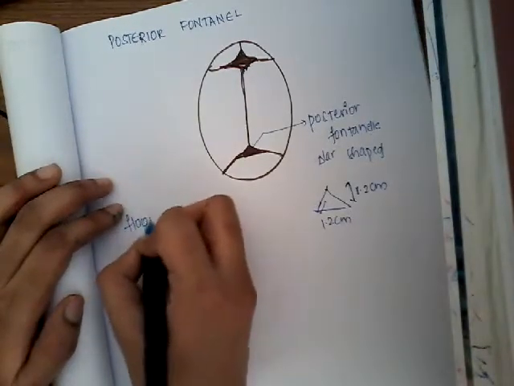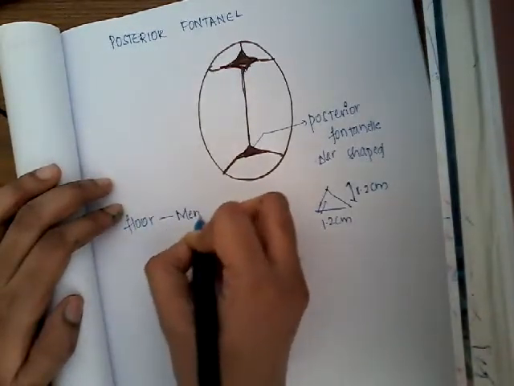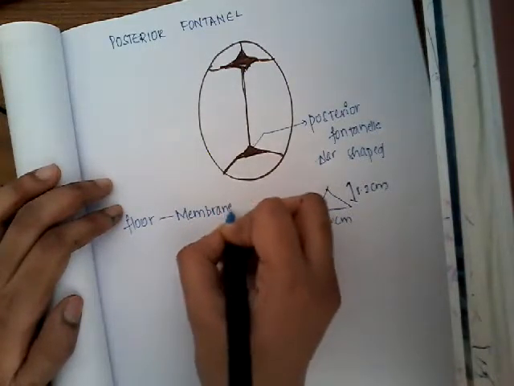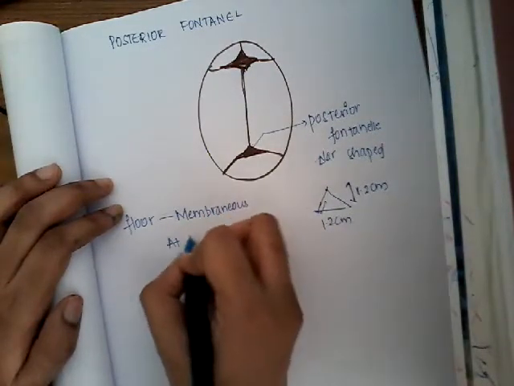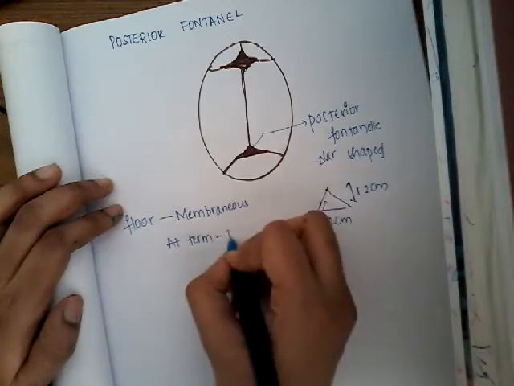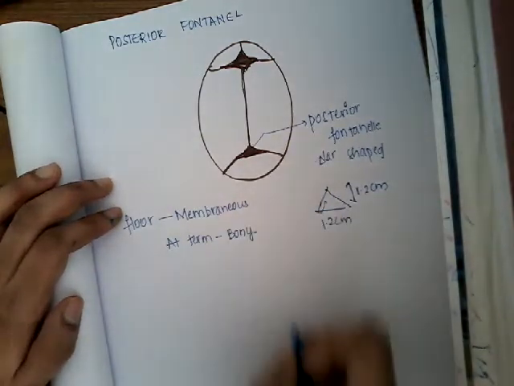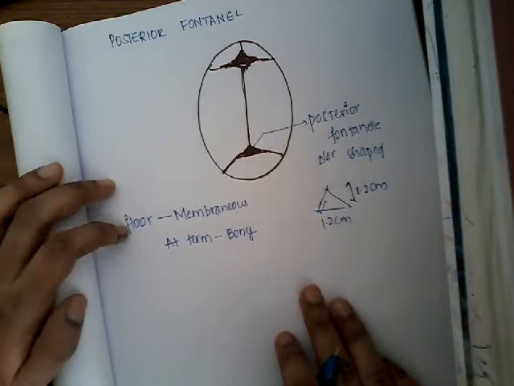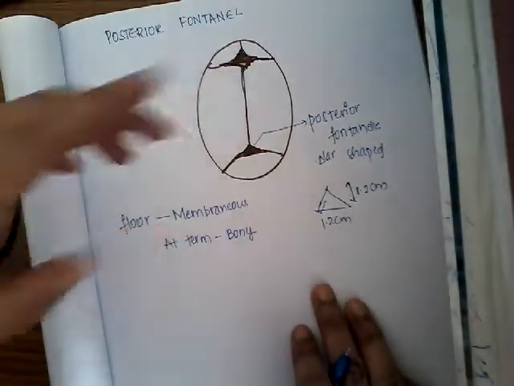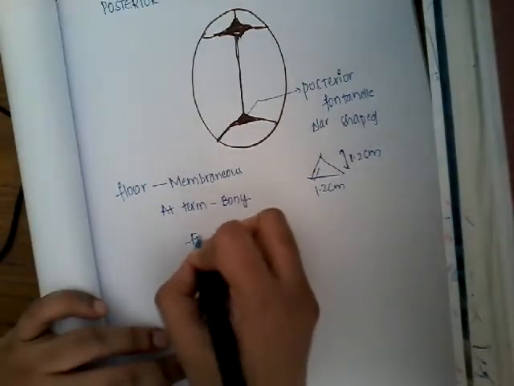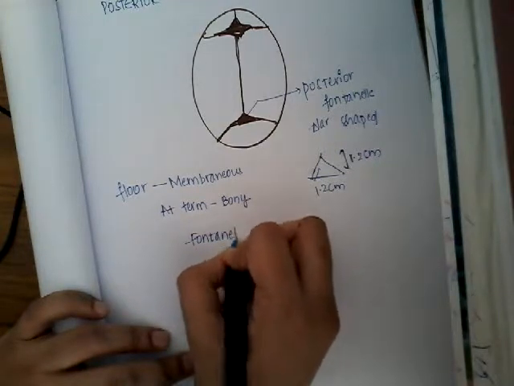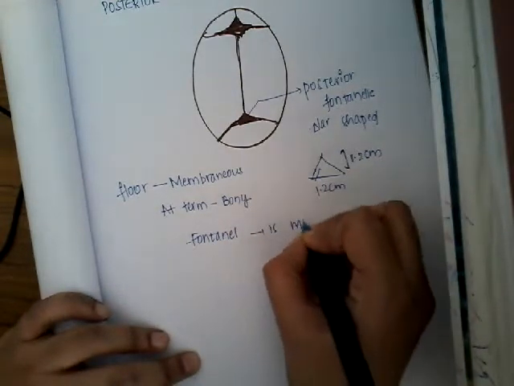The floor here is mainly membranous, and at term the floor becomes bony. Because the floor becomes bony, the word fontanelle is just a misnomer for the posterior fontanelle.